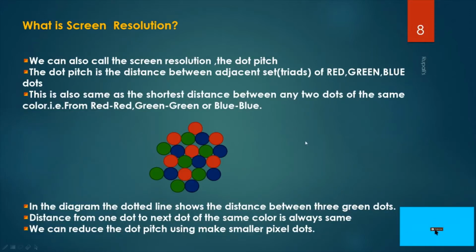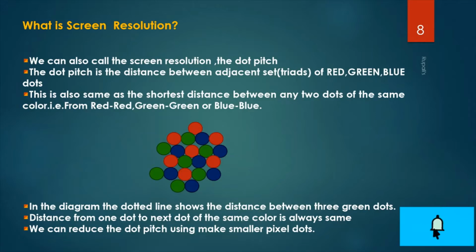So what is screen resolution? We can also call the screen resolution dot pitch. The dot pitch is the distance between adjacent sets of red, green, blue dots, that is triads.